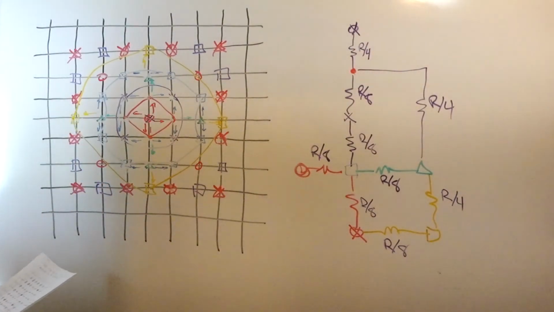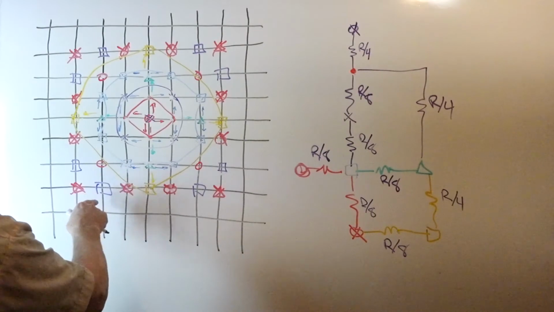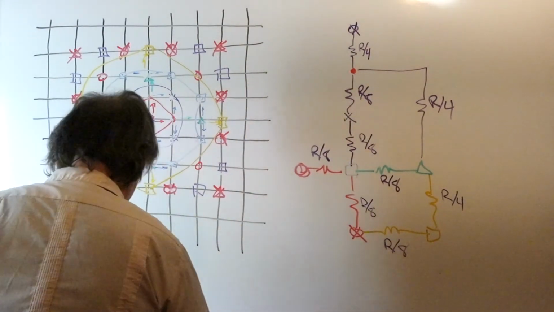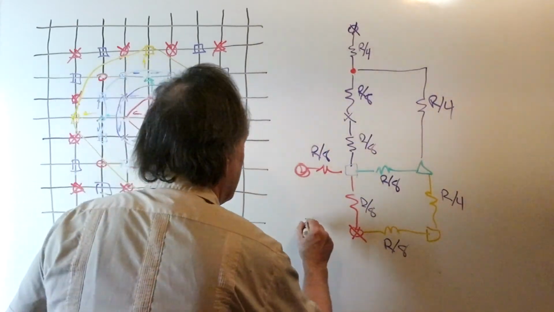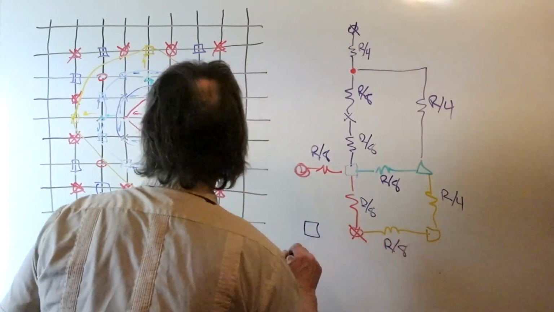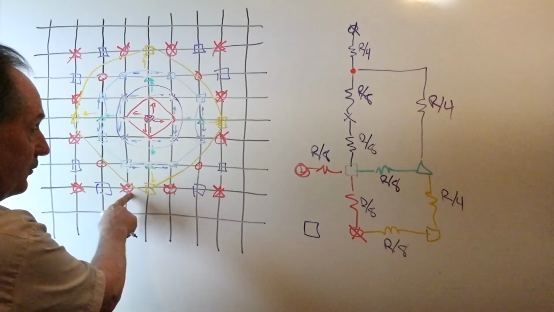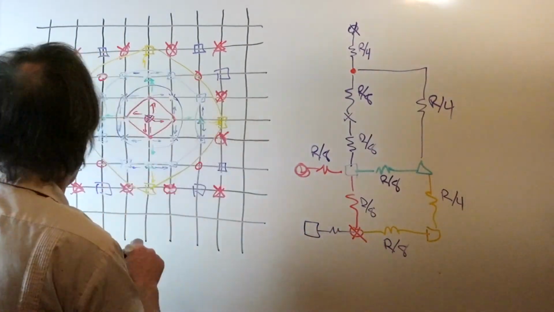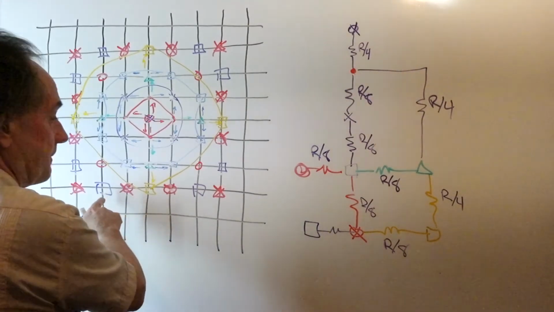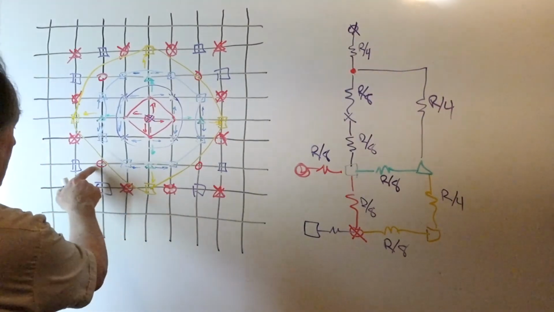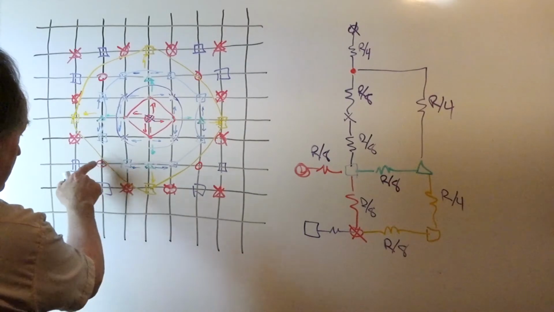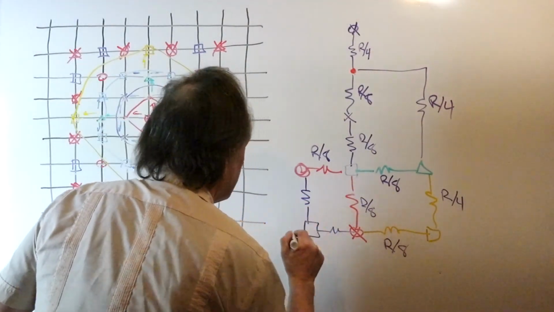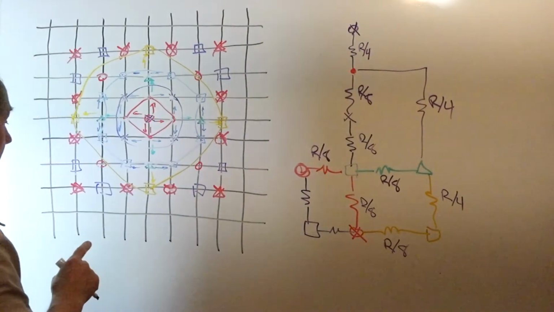And then we can go from these to, say, the purple square. Well, what do we have when we get to the purple square? Well, the purple square can go to the red circle with an X, and it also has a resistance going between it and the red circle. Well, what's the equivalent resistance?